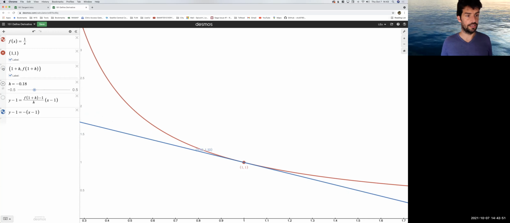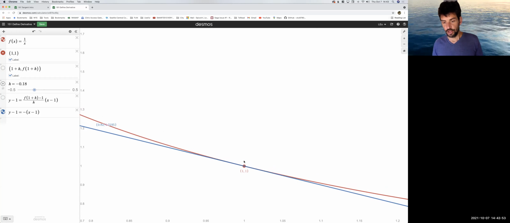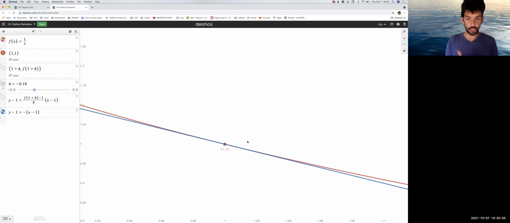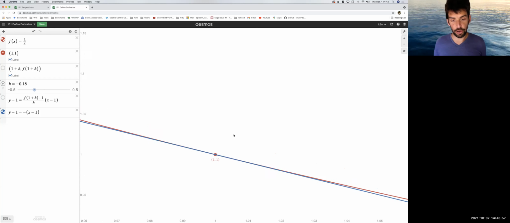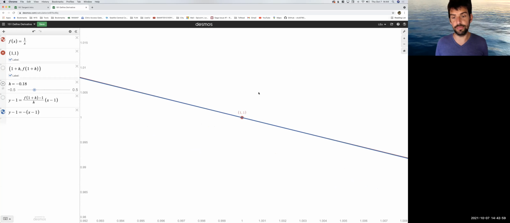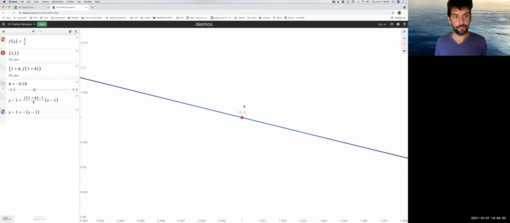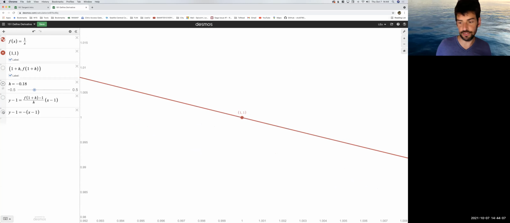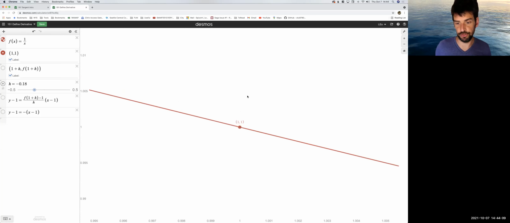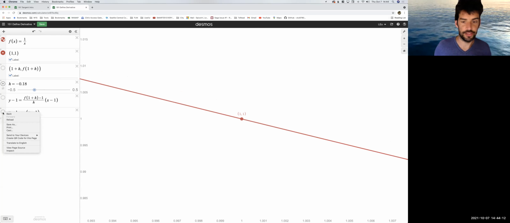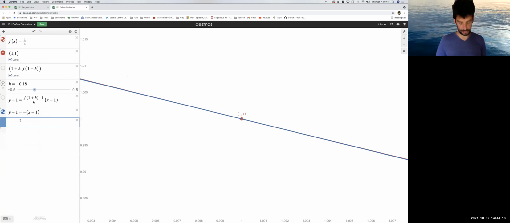Let's zoom in here. The tangent line goes through this point, but it also looks incredibly similar to the graph of the function. If I take that blue line off, you can see it's barely different at this point. We're zoomed in very close, and they're barely different, right? This is not the only line that goes through that point.